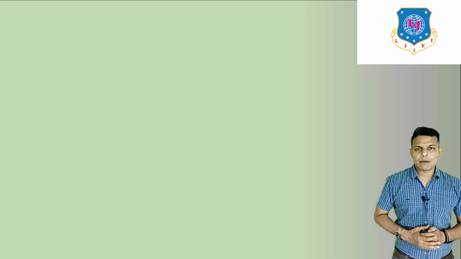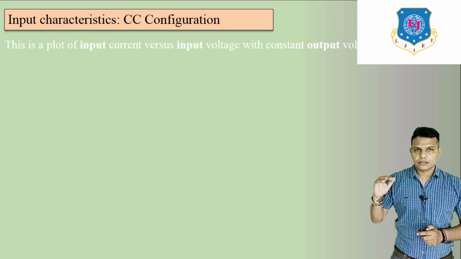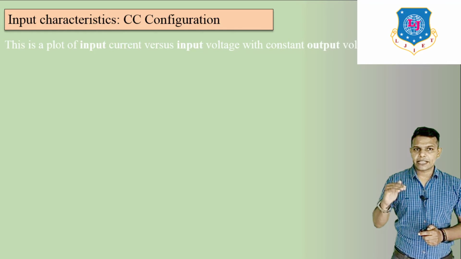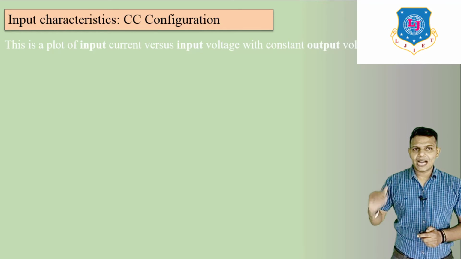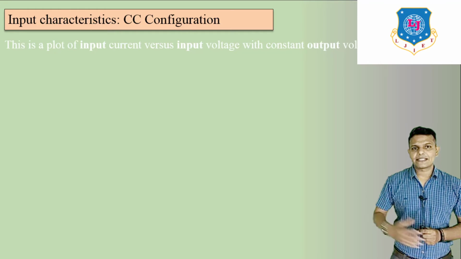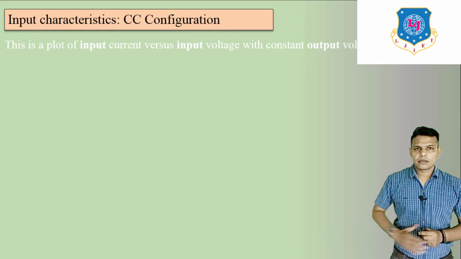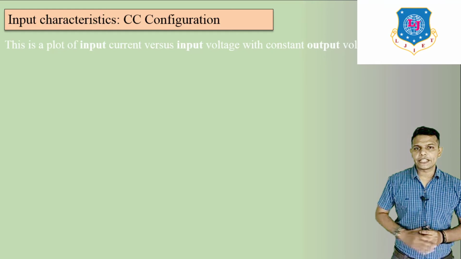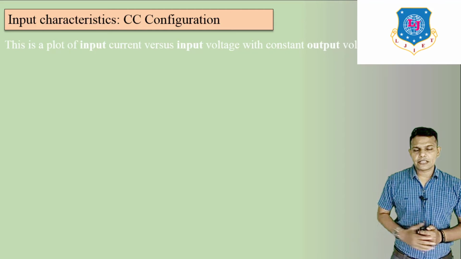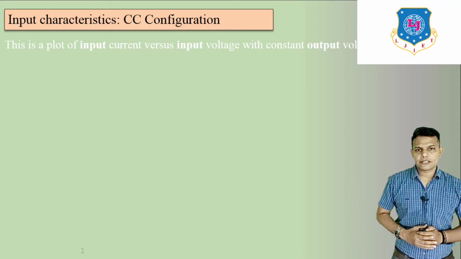So let us discuss the input characteristics for CC configuration. The plot of input current versus input voltage with constant output voltage is known as the input characteristics for CC configuration. Here we should take input voltage on the x-axis and input current on the y-axis.